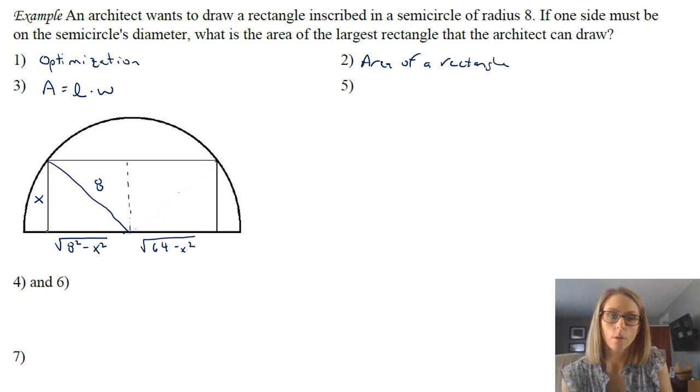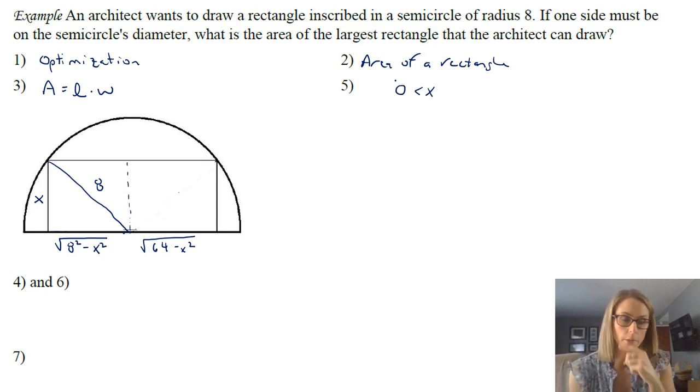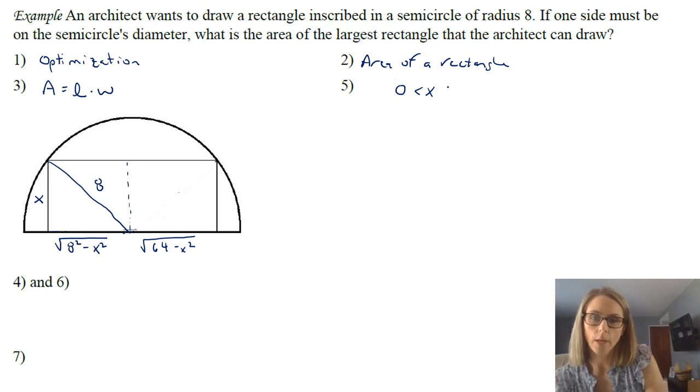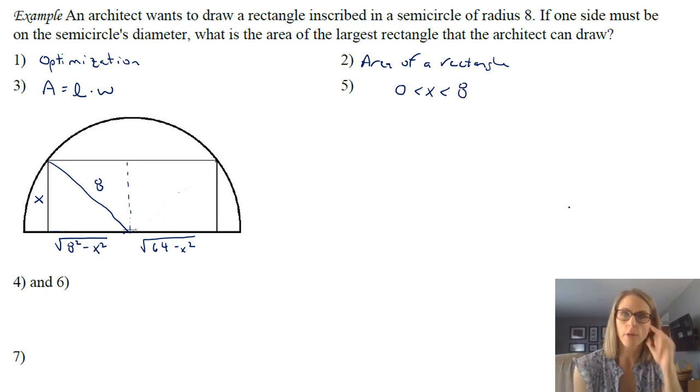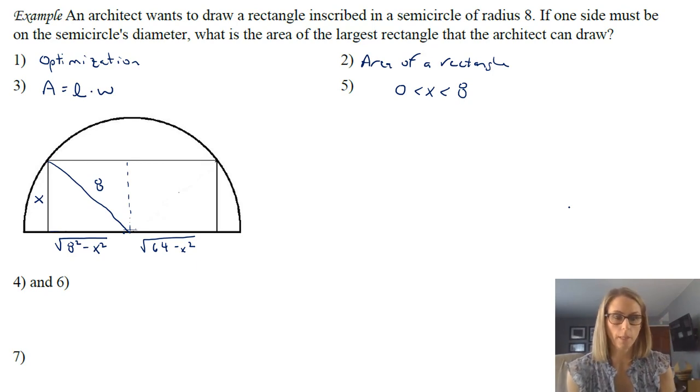And now you know the length of your rectangle, and you also know the height of your rectangle, however you want to call it. In terms of x, it needs to be greater than 0 because it's creating this rectangle. But we can see from the square root that it can't be any greater than 8, because it could never be greater than the radius of the circle, because then it would be outside of the circle. That doesn't make any sense.